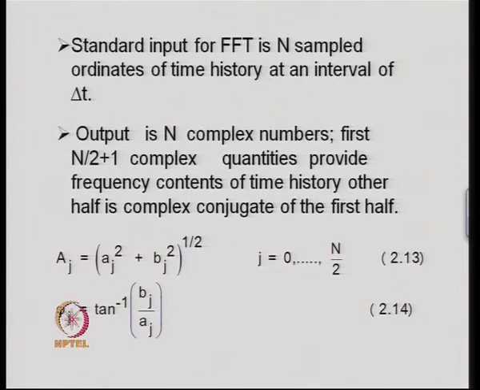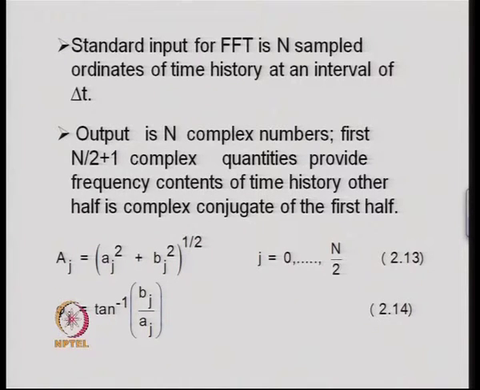So, this is the amplitude associated with frequency omega j, and the phase angle phi j is given as tan inverse of Bj by Aj, where Bj is the imaginary component and Aj is the real component.